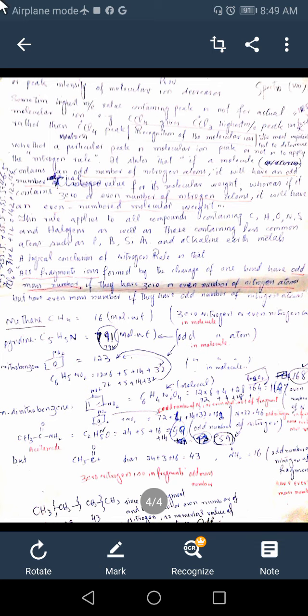So its molecular weight should be even. 12 for the carbon and 4 for the 4 hydrogen, total will be 16. If the molecular ion peak is present at 16, then it will be the molecular ion peak.